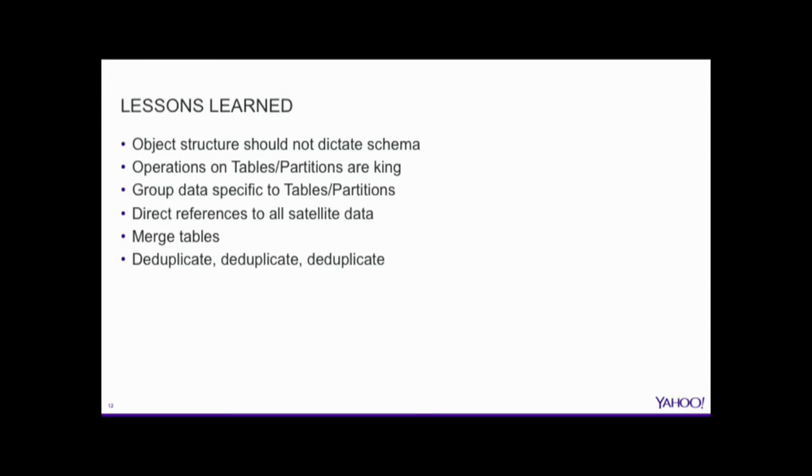Second, operations that are performed on table objects are the most frequently executed operations in the Metastore, and operations that are performed on partition objects are the most expensive. So we should keep that in mind when we're designing the schema, and we should arrange things accordingly so that we can further optimize operations on those types of objects.